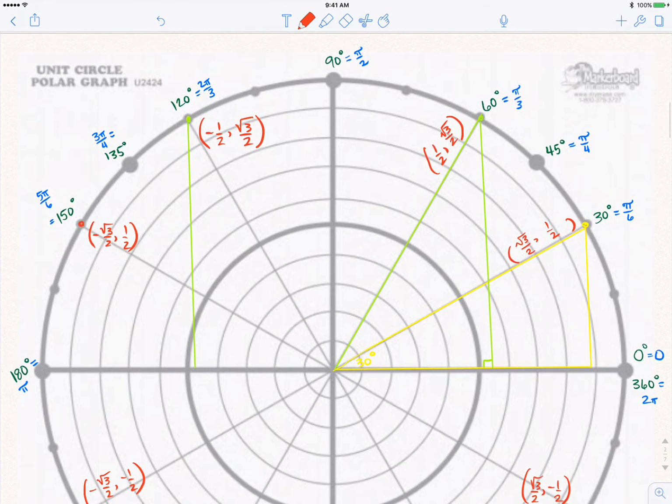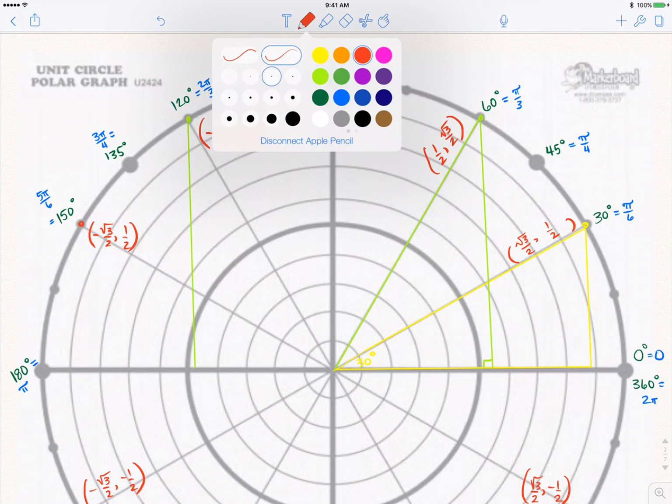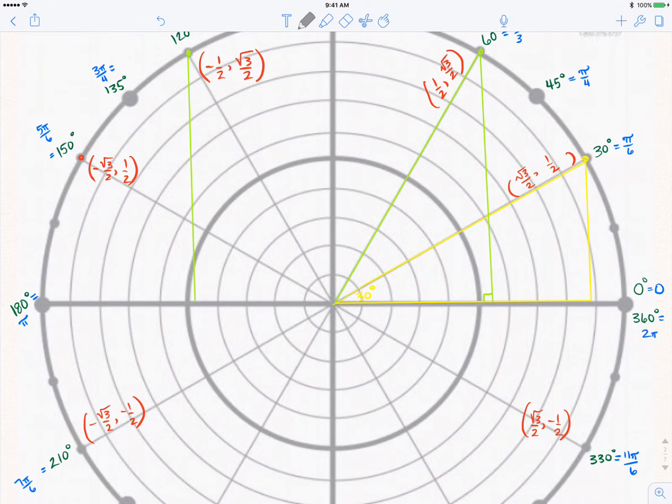Now for the 45 positions. So remember, for the 45 positions, I'll go with a light gray. 45 positions, let's use that position to draw a triangle. Now I know this is getting a little bit messy. Let me get rid of some of these triangles in here.